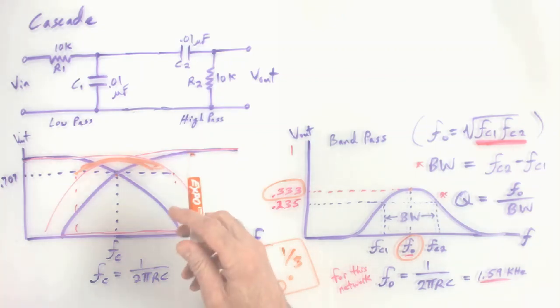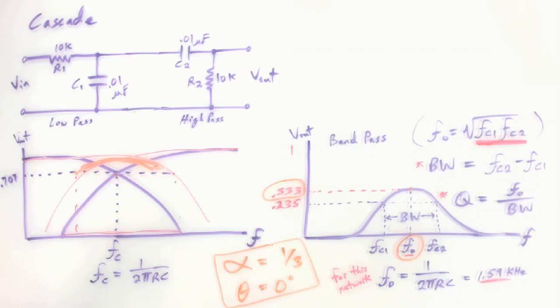We're going to use this network for future exercises too, so keep that in mind. At that center frequency, we'll be down 1/3 comparing the output to the input, but there'll be no phase shift. The output will be in phase with the input.